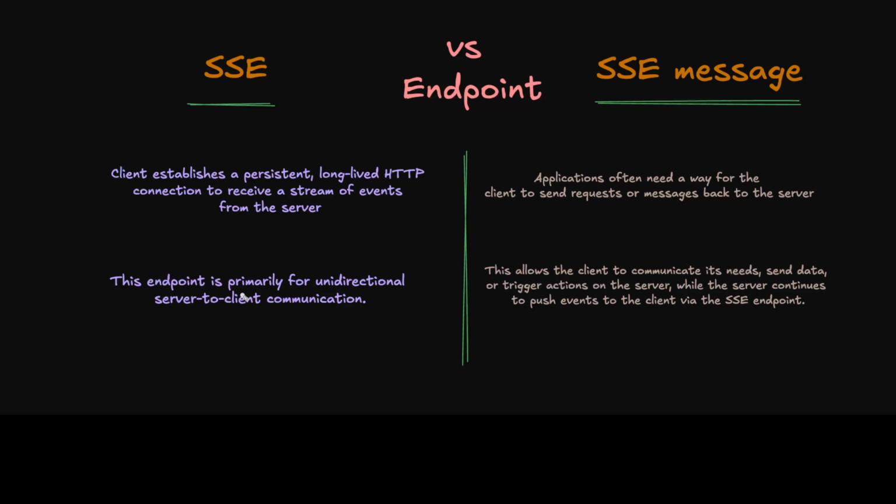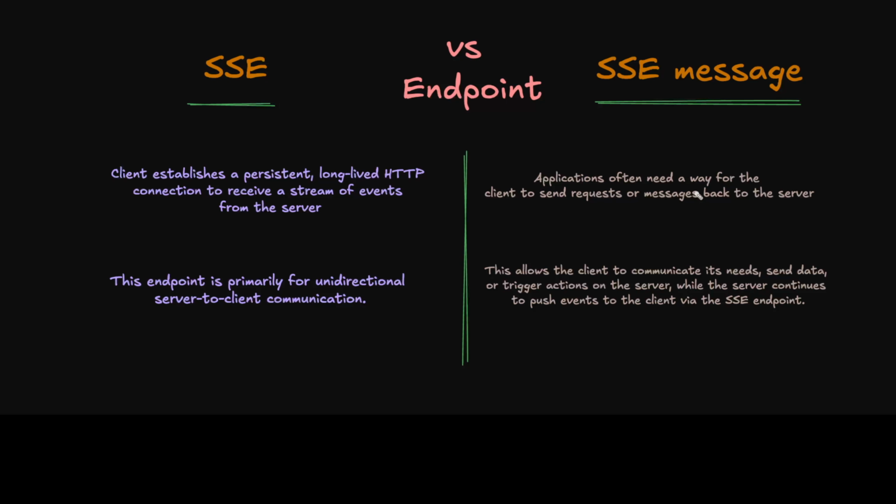This endpoint is primarily for unidirectional server-to-client communication. So this is more one-sided, but to complete the overall communication, there has to be a way in which the client can also send messages to the server. This is where the sse-message endpoint comes into the picture.